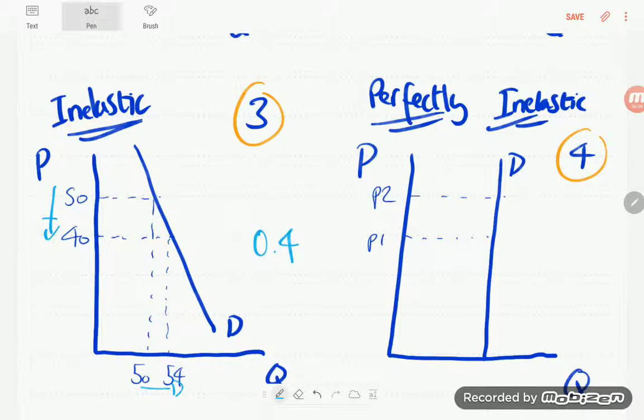Again, we ignore the minus and we're left with 0.4. So for every 1% fall in price, there will be just a 0.4% increase in quantity demanded. Perfectly inelastic demand, on the other hand, is a PED of 0, and any change in price will have no effect on the quantity demanded. So if you look here, price goes up to P2, but look, the quantity demanded has not changed at all.